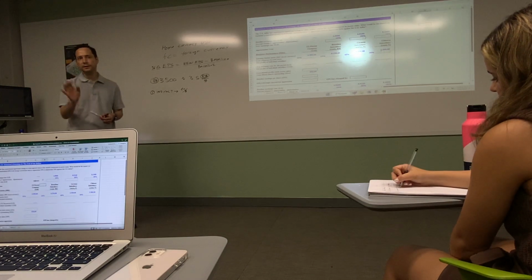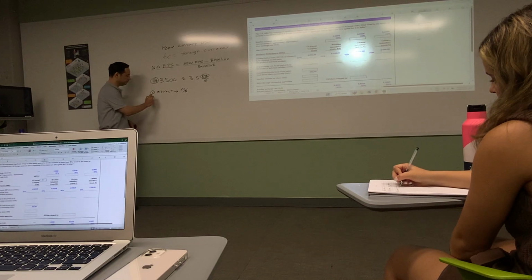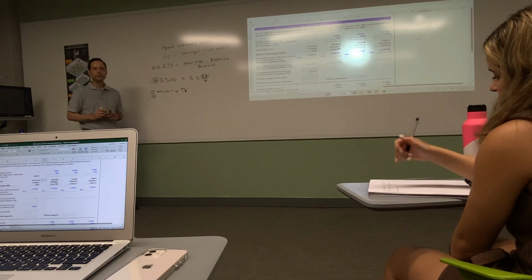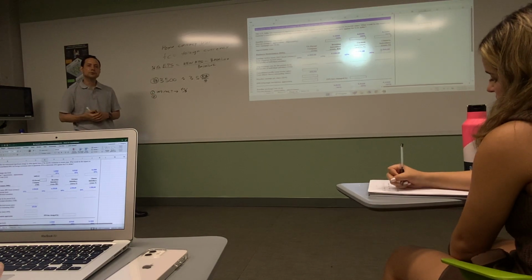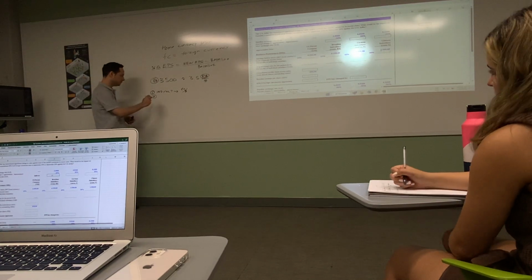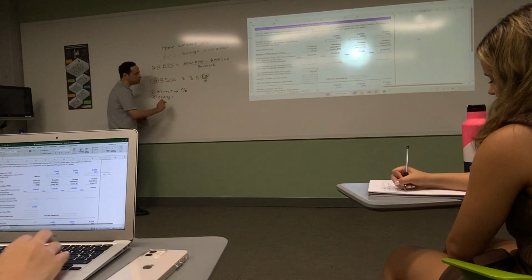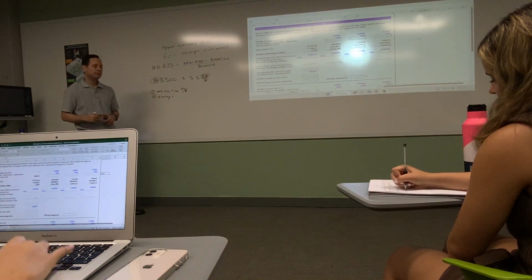Then the second thing you do is choose the formula that you need to use. For indirect quotations, we need the formula for the ending rate. So what is the formula for the ending rate? It is the beginning rate.